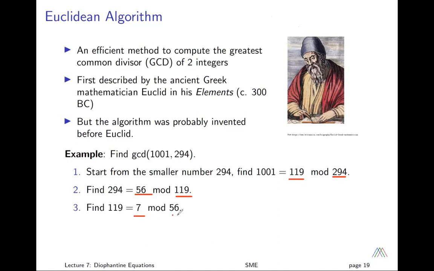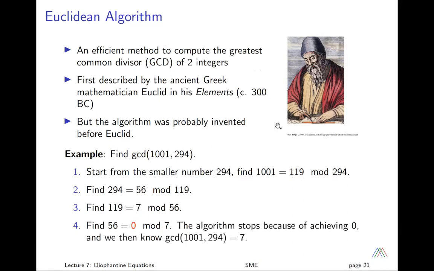And we just keep doing this until we get to 0. Then the smallest number you see that isn't 0 is the greatest common divisor of these 2 integers. So here it would be 7. And if you check that in the calculator, it is 7.